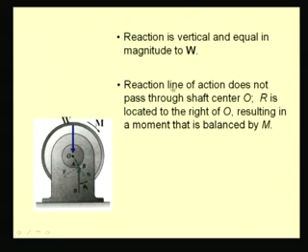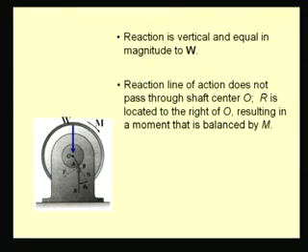The line of the reaction which is passing through B does not pass through the shaft center, that is O, which is the case when the shaft is idle. So, the reaction passes through O when the shaft is idle, but now it has been shifted to a location because of the motion of the axle.